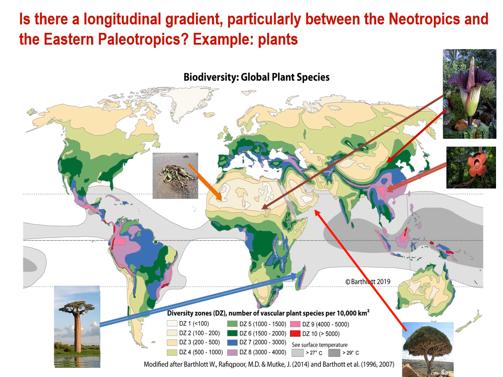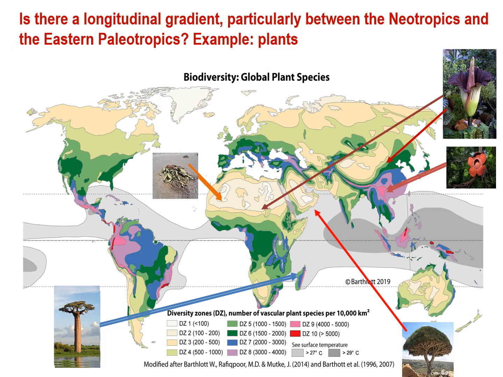I now want to draw your attention to this plant diversity map. You can see the well-known latitudinal gradient of plant diversity in the world. Is there a longitudinal gradient, especially between the Neotropics and Eastern Paleotropics? I wish to raise this question for the audience.